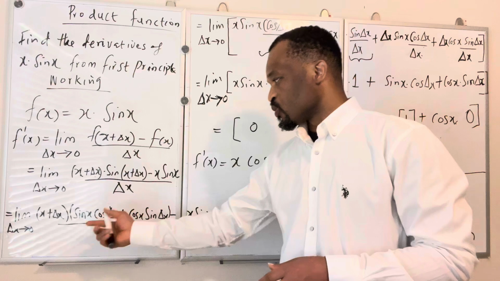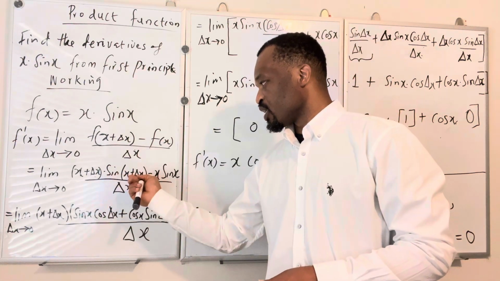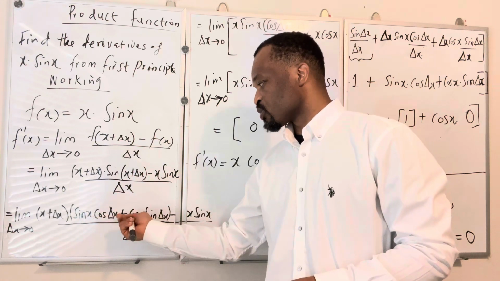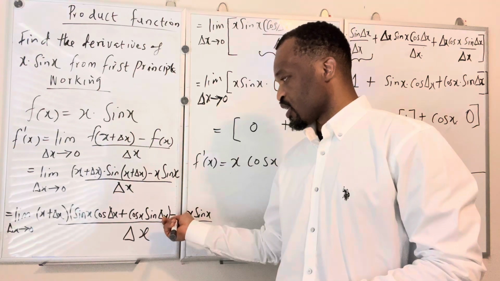So using that identity, sine of x plus change in x works out to be sine x cos change in x plus cos x sine change in x.